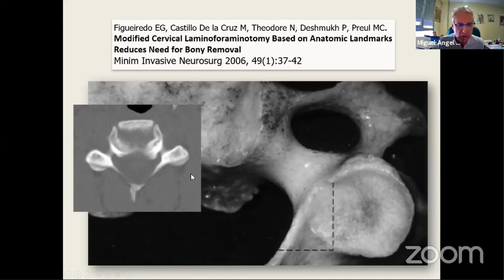If the operation is related to foraminal stenosis, you have to take into account to what extent you should remove the posterior facet joints, because if you remove more than one third of the joint, you will probably solve the problem of the root compression, but you won't solve the problem because you will have pain coming from joint instability.